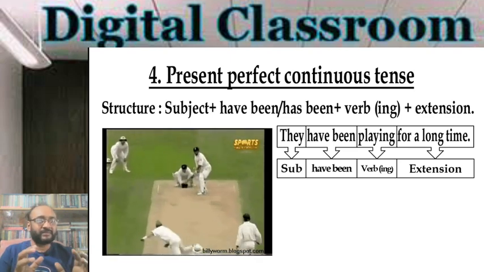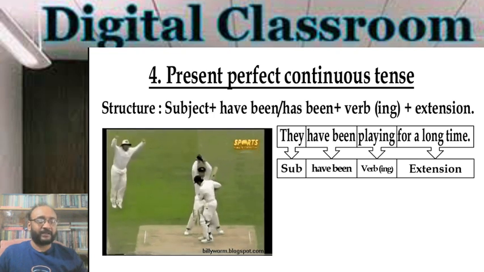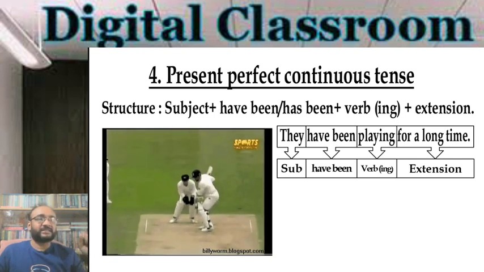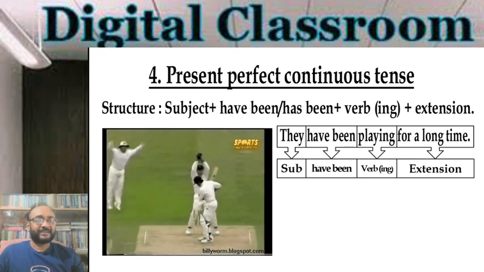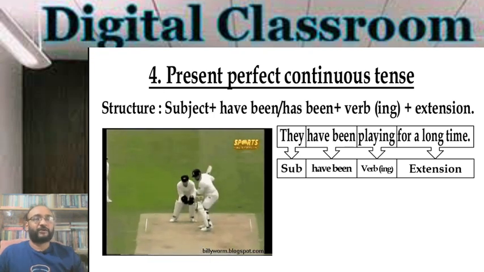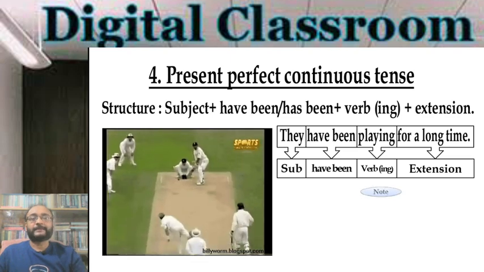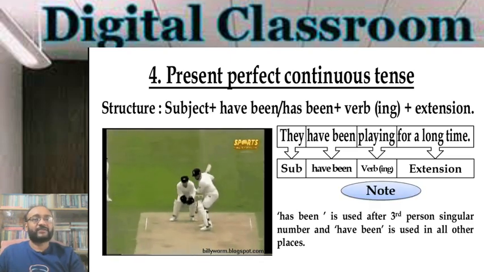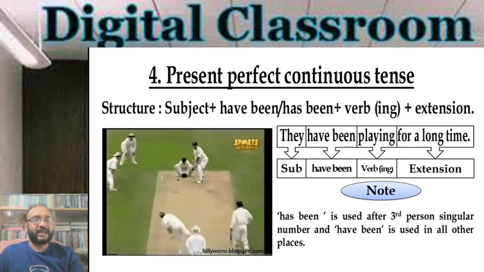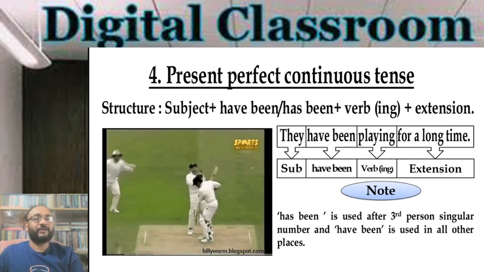For limited time, if you see the sentence is since Monday, you can use since. If limited time, you have to use for 2 hours, like that. Has been is used after third person singular number, and have been is used in all other places.